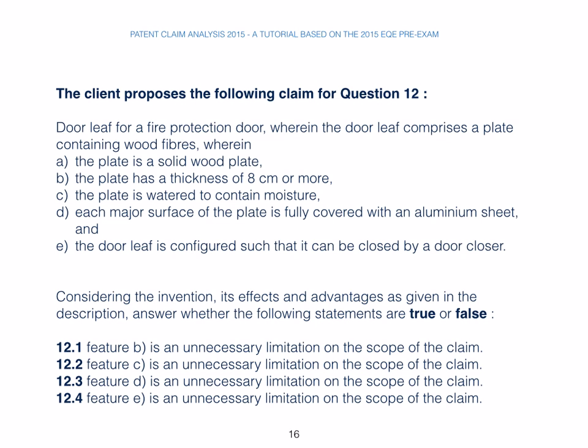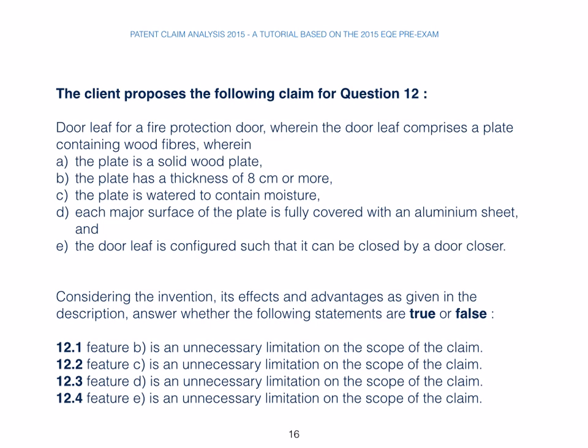Statement 12.1: feature B, the plate thickness, is an unnecessary limitation on the scope of the claim. 12.2: feature C, the watering feature, is an unnecessary limitation on the scope of the claim. 12.3: feature D, covering with an aluminium sheet, is an unnecessary limitation on the scope of the claim.